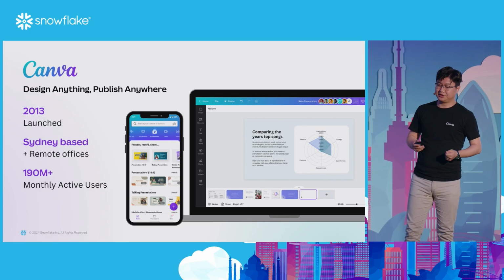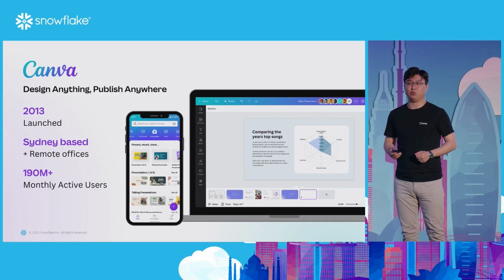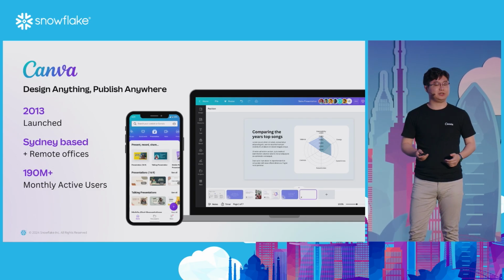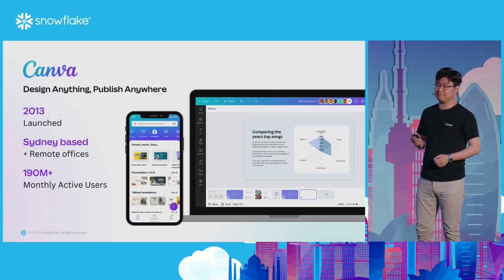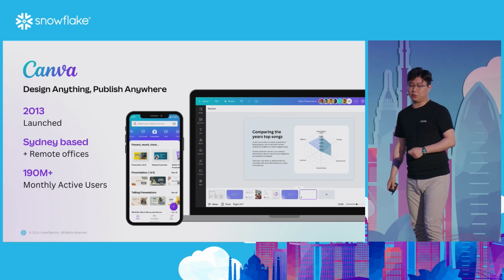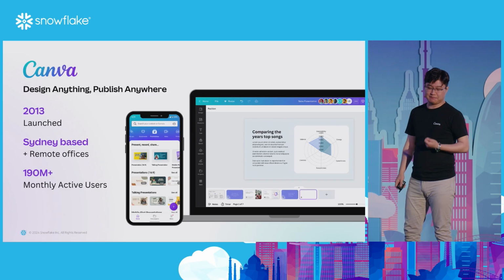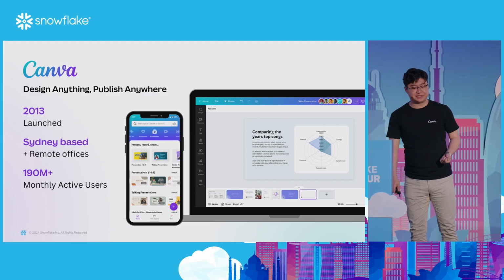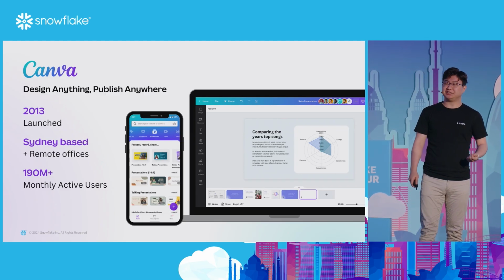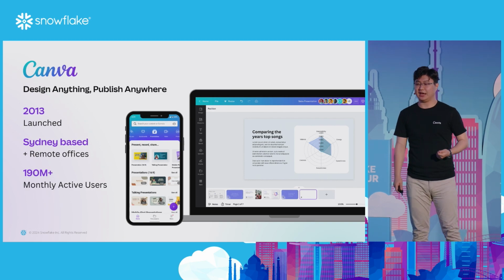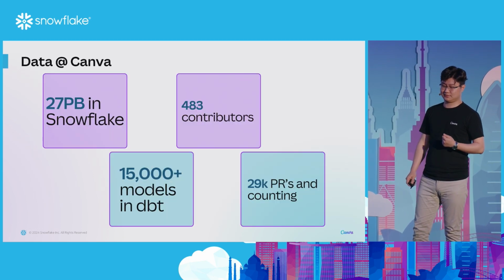Canva launched in 2013 and is based in Sydney, Australia, with multiple remote offices across the world in the Americas and Europe as main overseas hubs. We have more than 190 million monthly active users, with 85% of the Fortune 500 embracing Canva to bolster their productivity and achieve their goals.